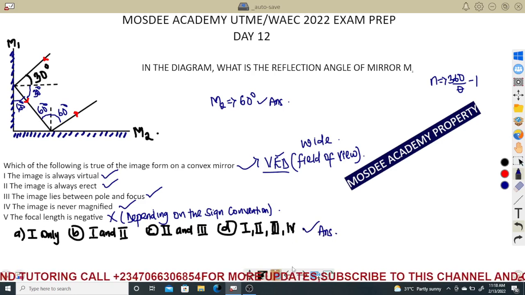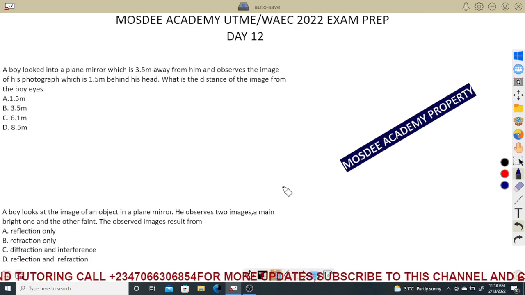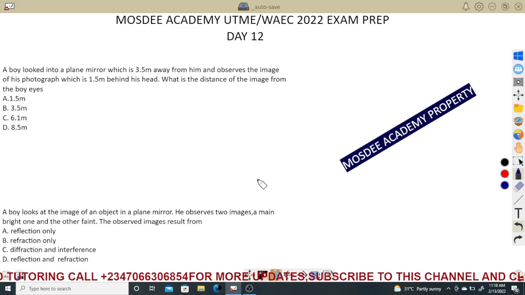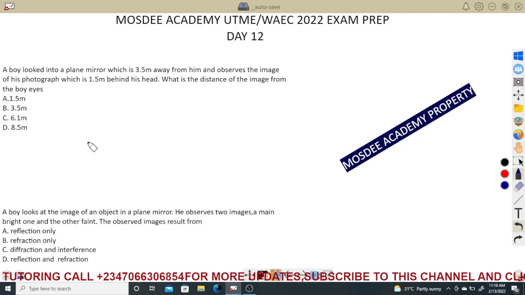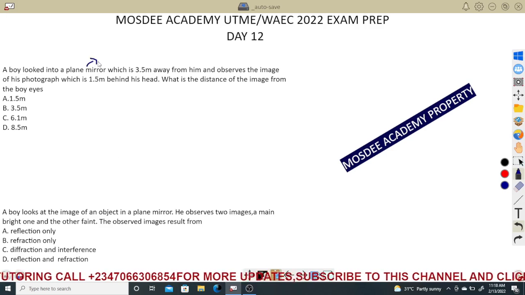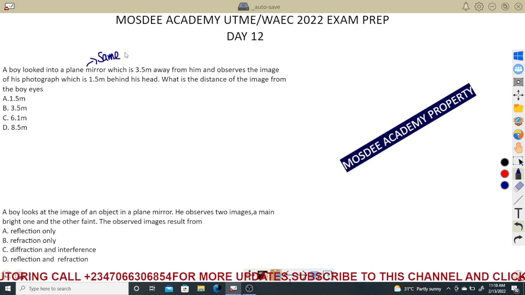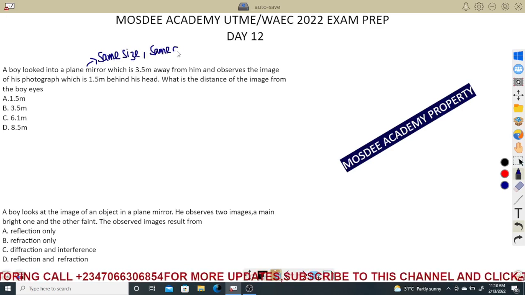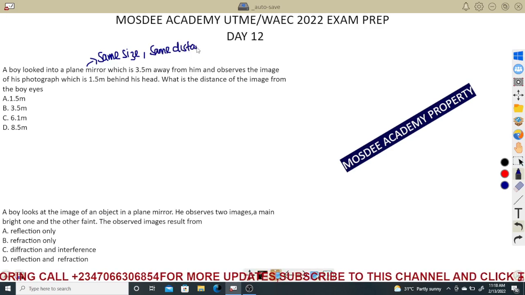So we'll go to the last page, which is the last question. It says a boy looks into a plane mirror. Remember, the image in a plane mirror has the same size and the same distance. Those are simple characteristics.